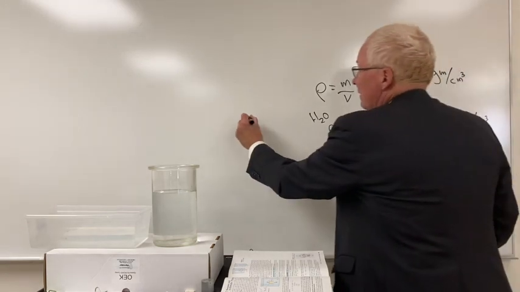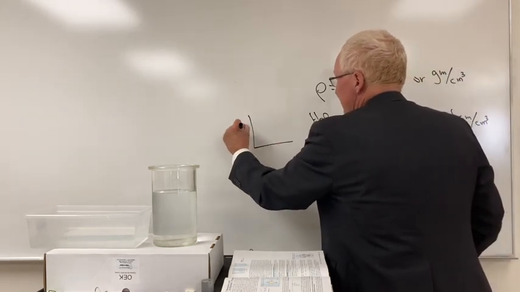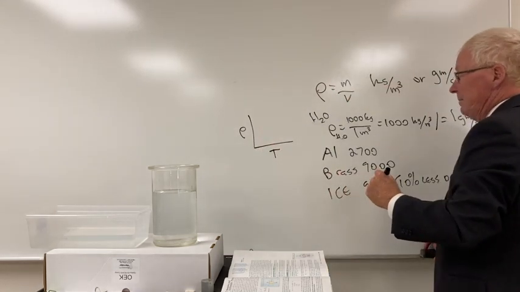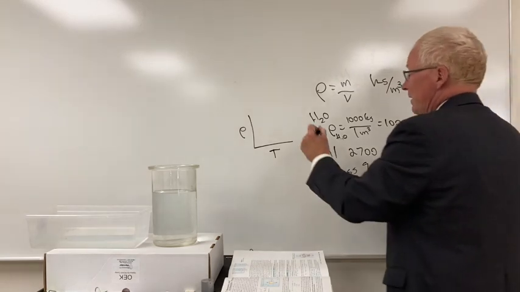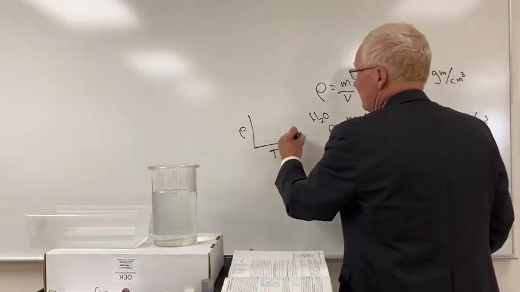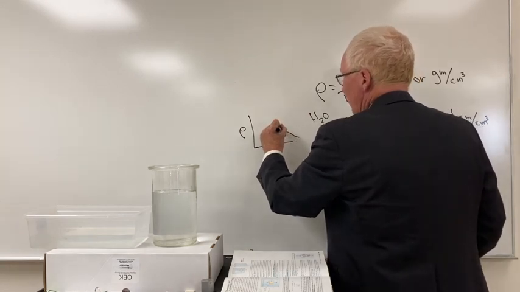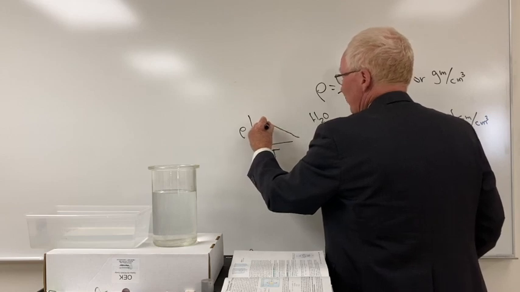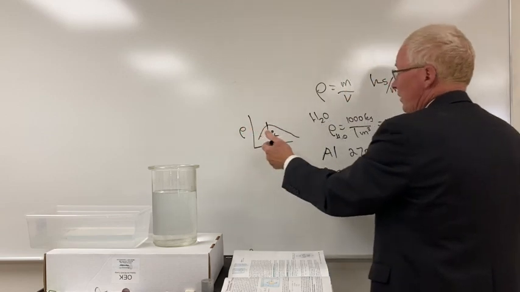So if I plot density versus temperature, then as we cool something, the density goes higher and higher as it gets cooler and cooler, but then it reaches a certain point at 4 degrees Celsius, and then it starts to go down again.